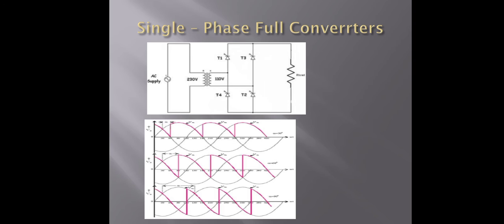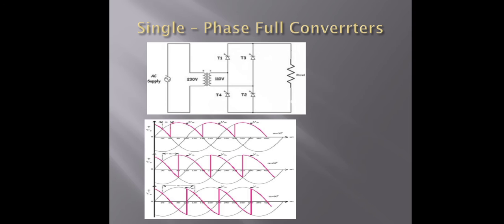When the gate pulse is given to T1 and T2, they begin conduction and T1 and T2 are on. Why are they on? Because the gate signal is applied.